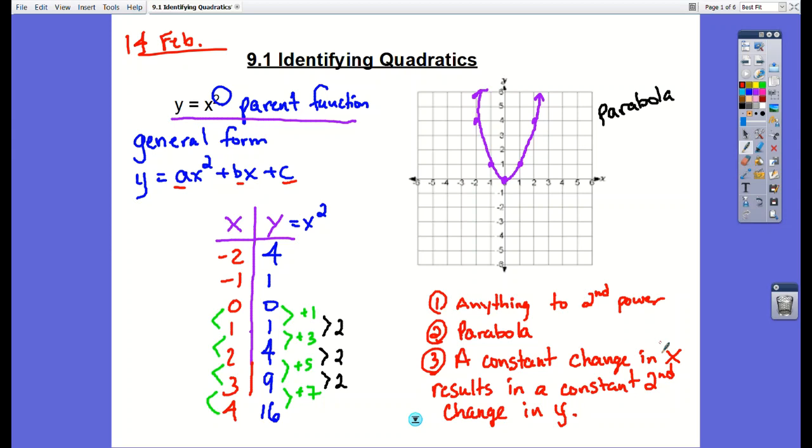These constant 2's, and it would still work with the negatives, constant second change is what we have going on here. So these are 3 ways to identify a quadratic: anything to the second power, degree 2; we have a parabola; or a constant change in x results in a constant second change in y.